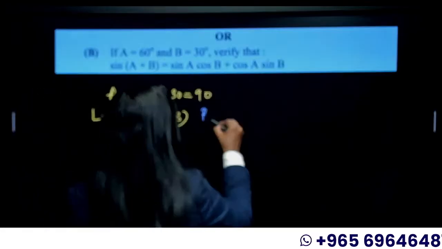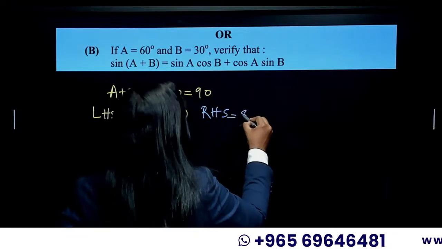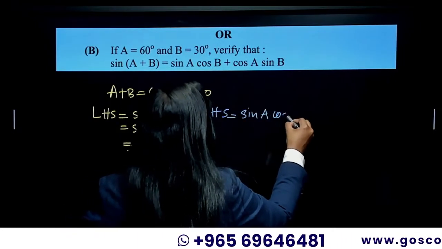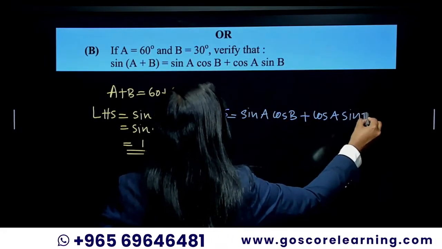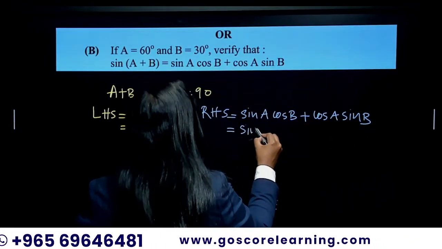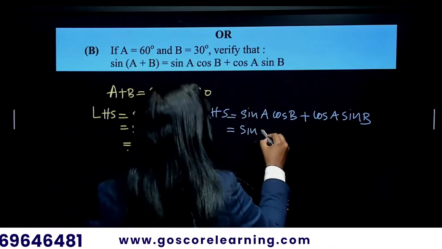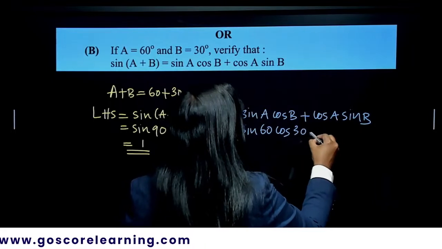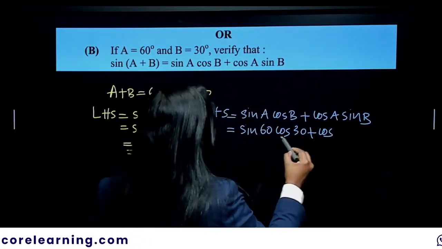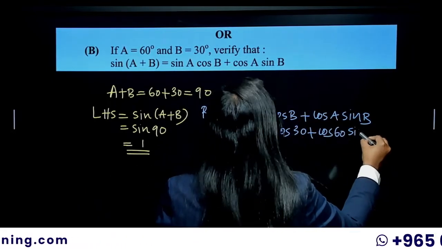RHS is equal to sine A cos B plus cos A sine B, which is equal to sine 60, cos 30, plus cos 60 and sine 30.